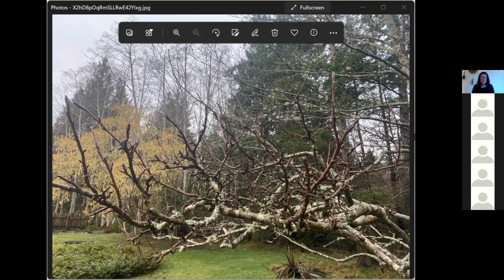Well, it actually looks really good. What I can see from here is some decent structural branches, and that seems great to me. I can also see a lot of fruit spurs, so the potential for fruit is there.